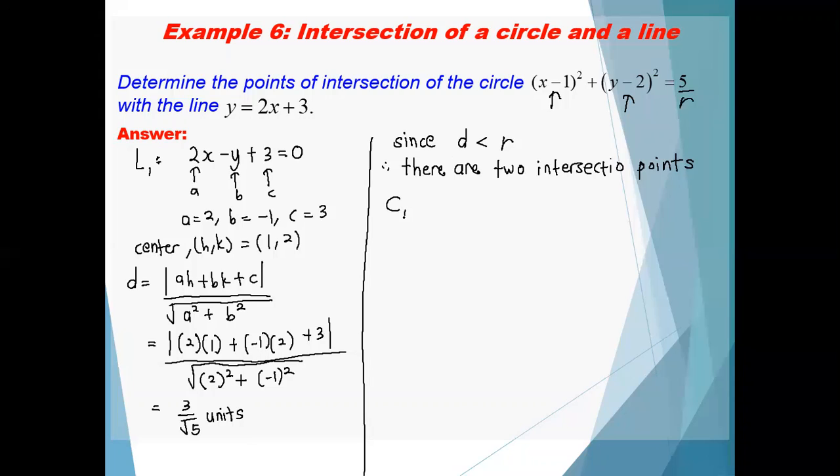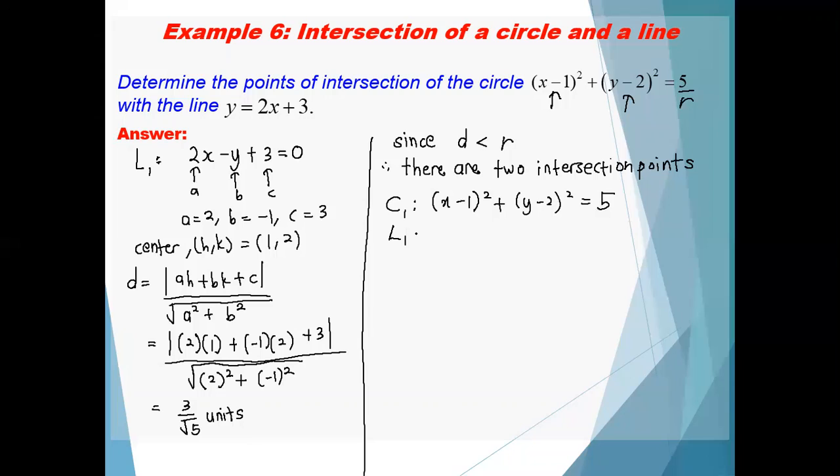So okay, we have a circle. The equation of the circle is x minus 1 squared plus y minus 2 squared is equal to 5. Here we have two intersection points, and we want to find the intersection points. So x minus 1 squared plus y minus 2 squared is equal to 5.